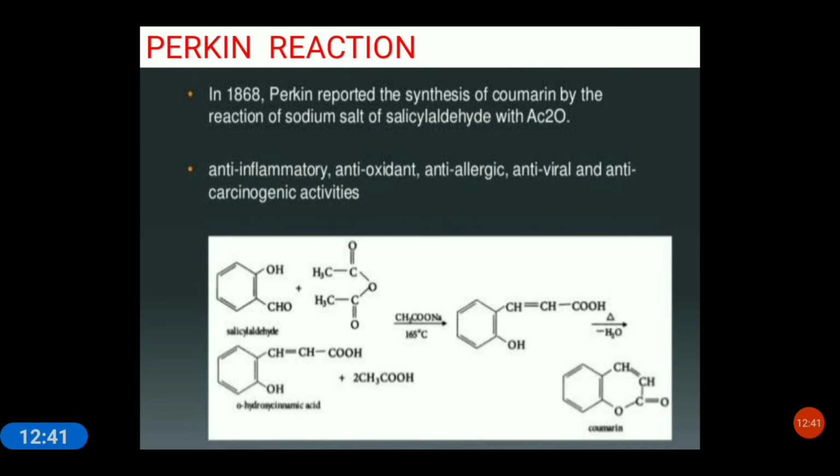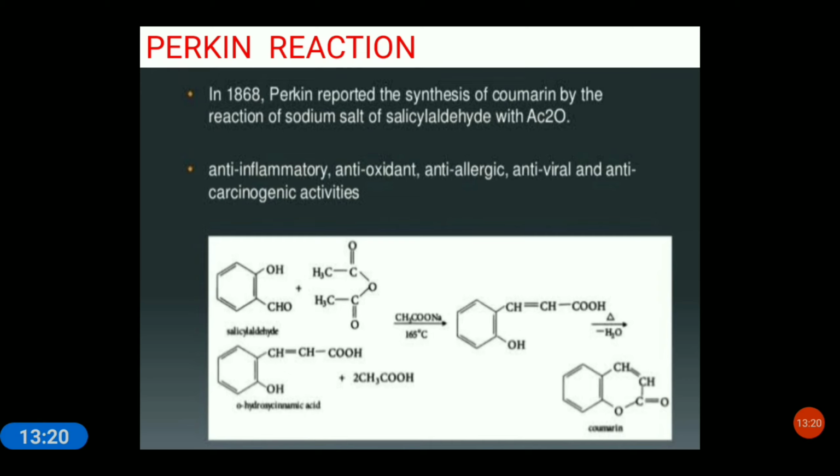Next is the Perkin reaction. The Perkin reaction was first reported in 1868, and it is the synthesis of coumarin by the reaction of a sodium salt. Coumarins show anti-inflammatory, antioxidant, anti-allergic, antiviral and anti-carcinogenic activity. In the Perkin reaction, salicylaldehyde reacts with a reagent to give orthohydroxycinnamic acid.